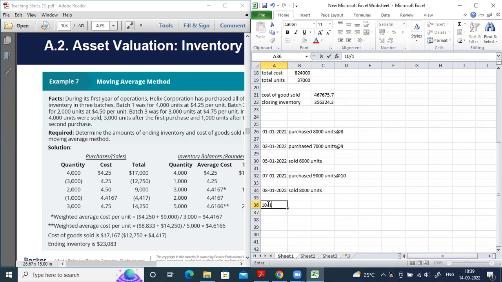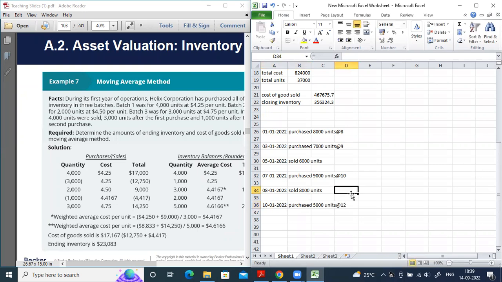Then 10th January 2022, purchased 5,000 units at the rate of $12.